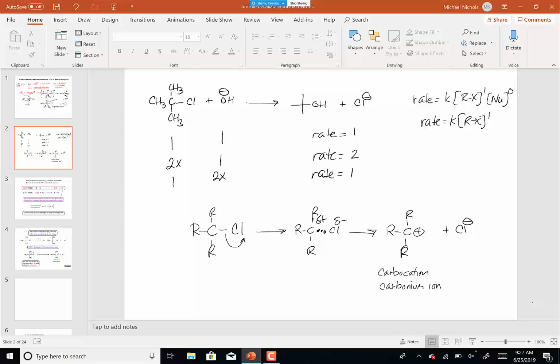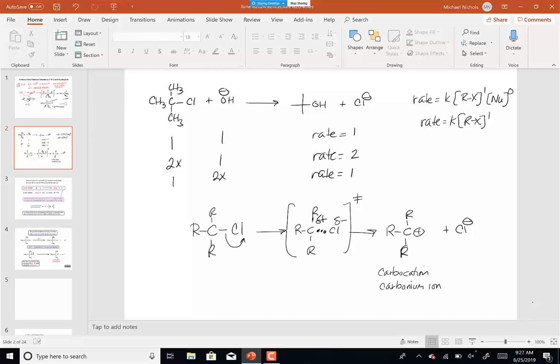So what's happening in the transition state? I'm breaking the carbon-chlorine bond, it gets a dotted line. Carbon's becoming positive, chlorine's becoming negative, carbon delta plus, chlorine delta minus. Okay, so there's the transition state. And transition states are written in brackets with the double dagger to indicate that they are transition states.